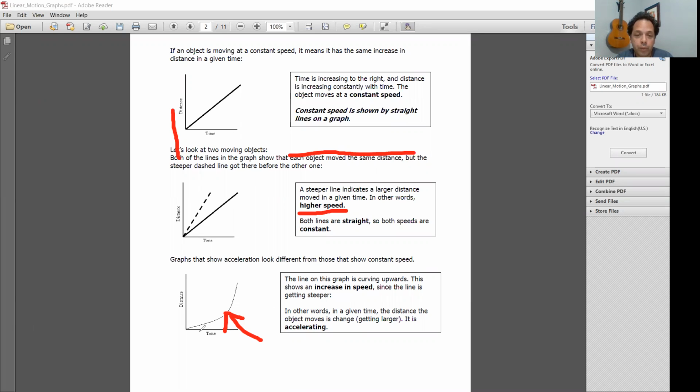We went from a flat line to a steeper line, so we got flatter and then it got faster. This is an increase in speed, so this object is accelerating. Whenever you see a curve on a distance-time graph, that means you have acceleration.